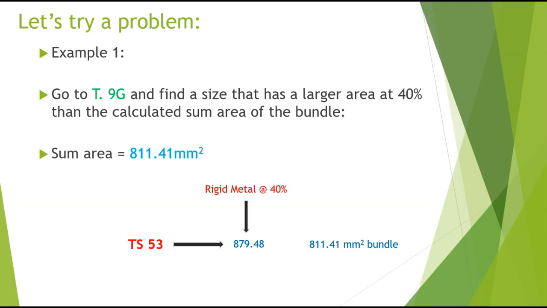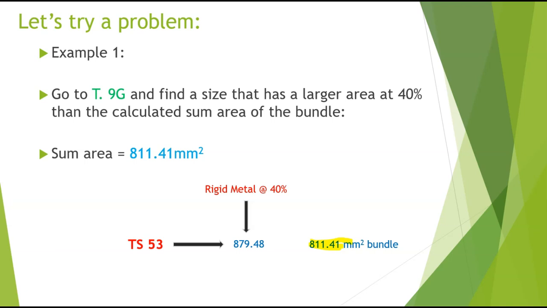With this calculated bundle of 811.41 millimeters squared, we're going to go down the 40% fill column under rigid metal conduit, and we're going to be looking for the first number that is equal to or larger than our 811.41.